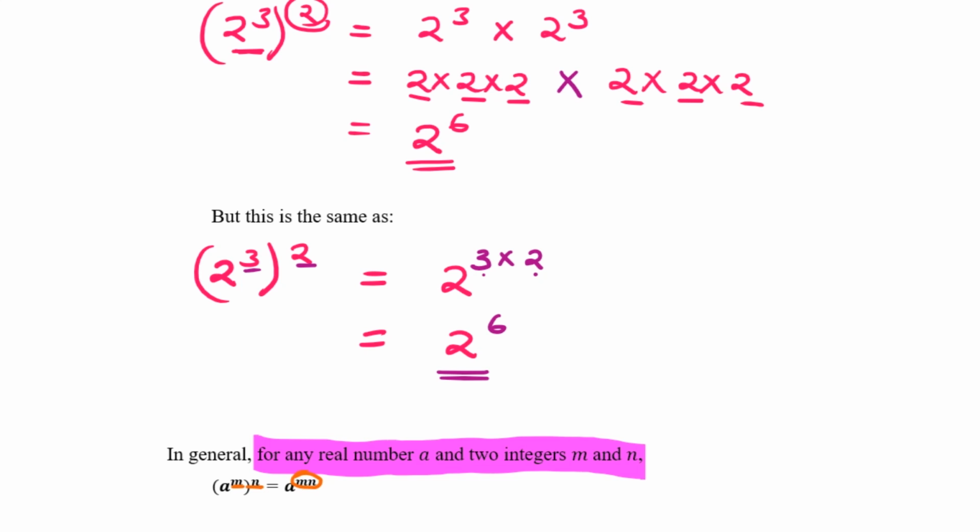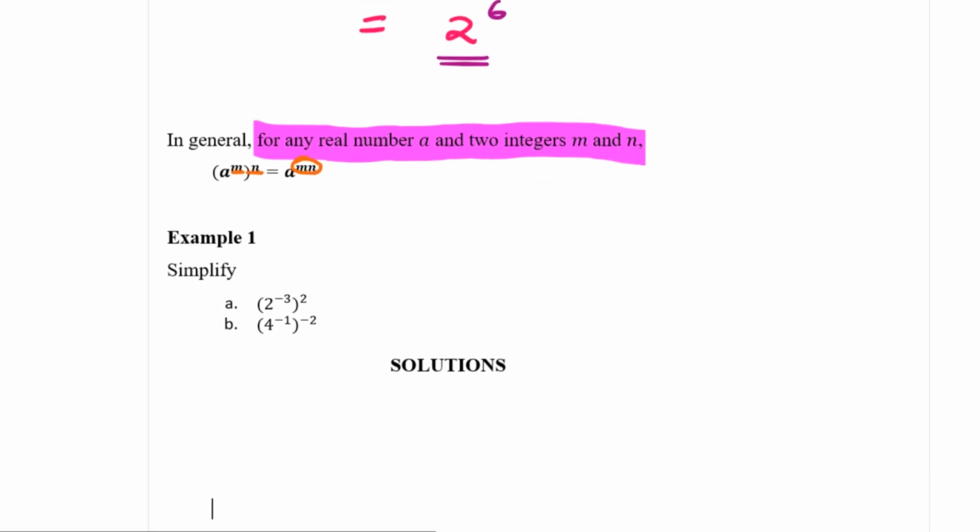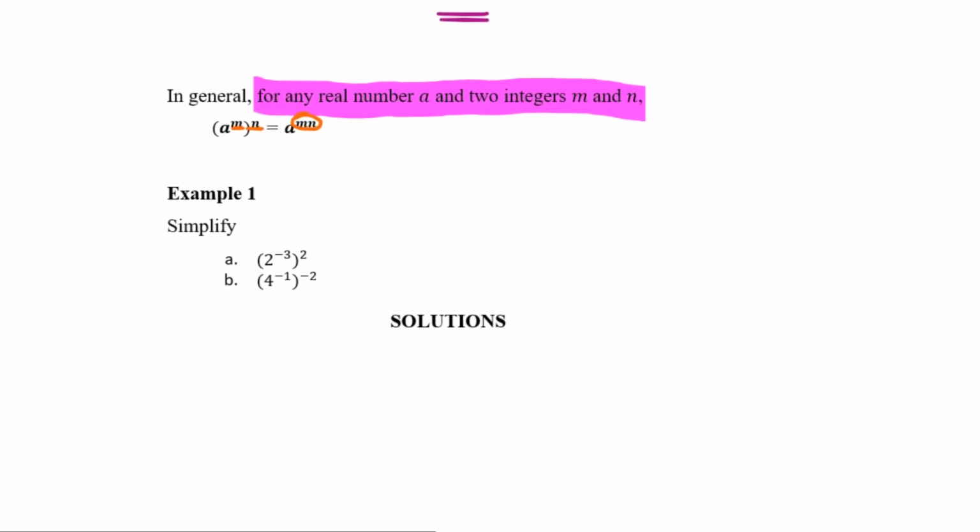We can proceed by looking at examples. Example 1 says simplify. We have 2 in brackets to the power negative 3, and outside the brackets there is a power 2 again. We are simplifying and we'll leave it in index notation form.